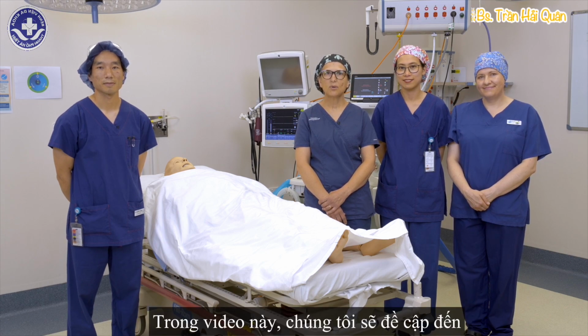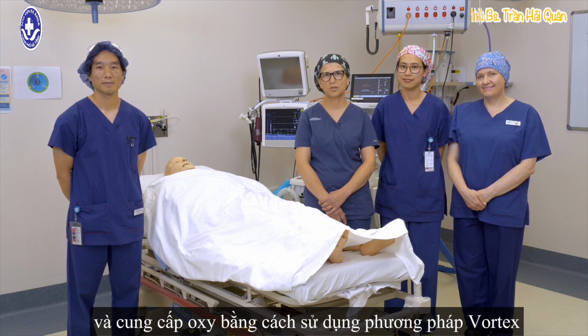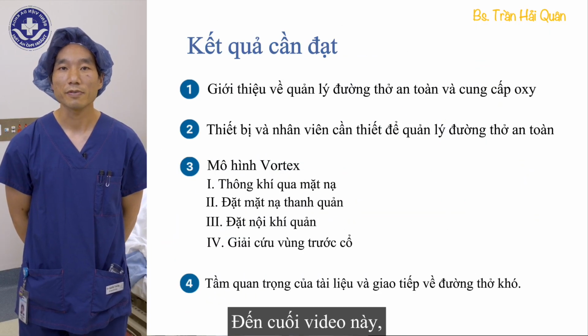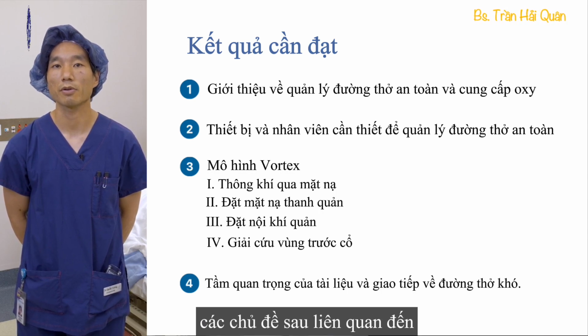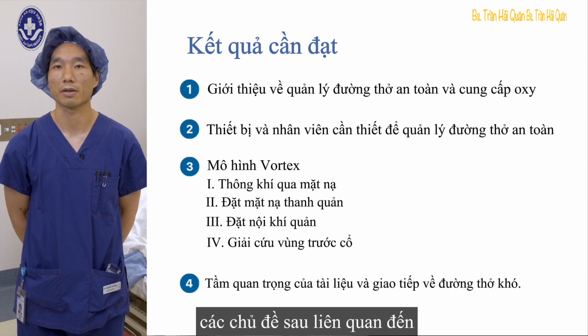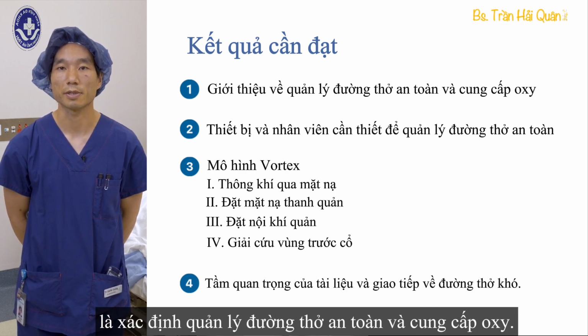In this video, we'll cover safe airway management and oxygenation using the Vortex approach. By the end of this video, participants should have a basic understanding of the following topics with regards to safe airway management. Firstly, to define safe airway management and oxygenation.